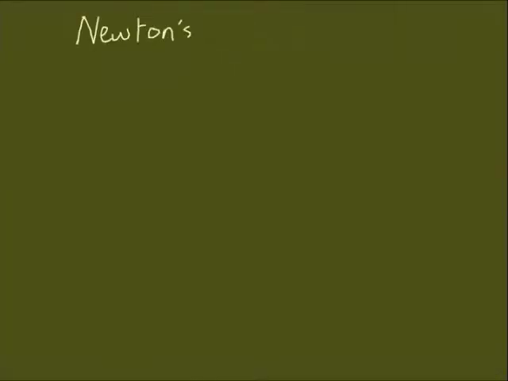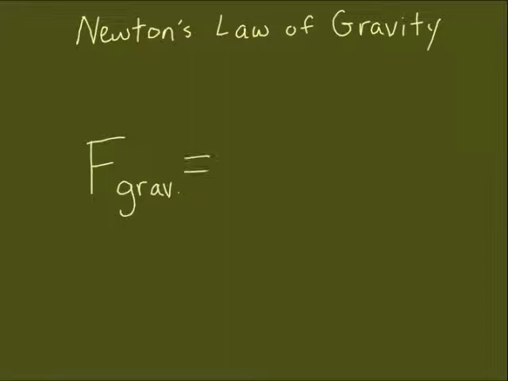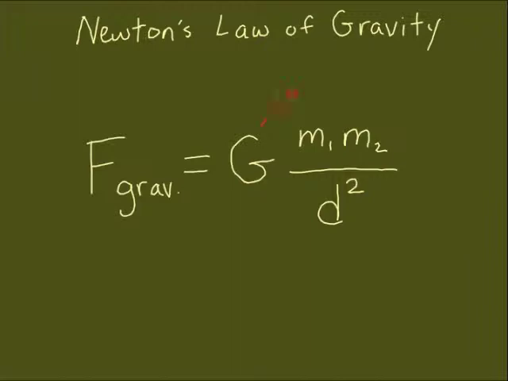And here it is, Newton's universal law of gravitation. It can be stated as the force of gravity equals a gravitational constant times one mass times a second mass divided by the distance squared. G is the gravitational constant.